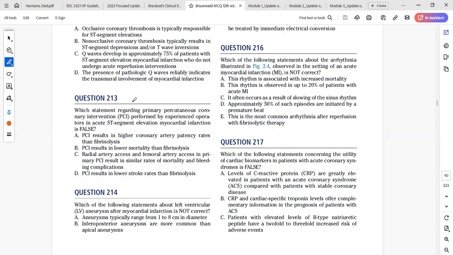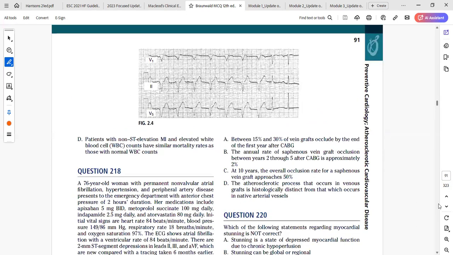The next option, sorry, I can't see. Option D, patients with non-ST segment elevation MI and elevated white cell count have similar mortality rates as those with normal white blood cell counts.